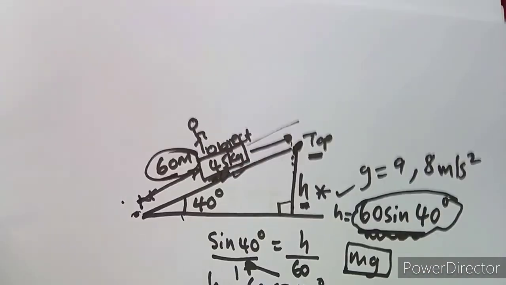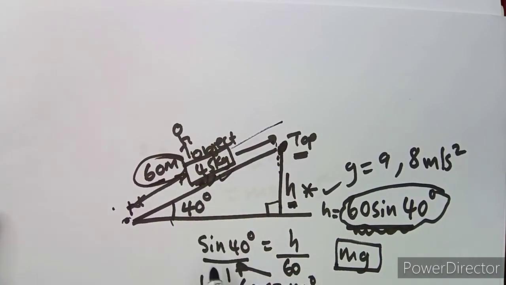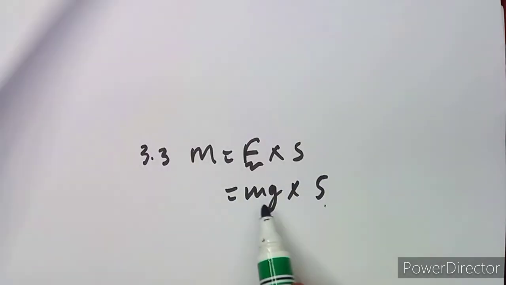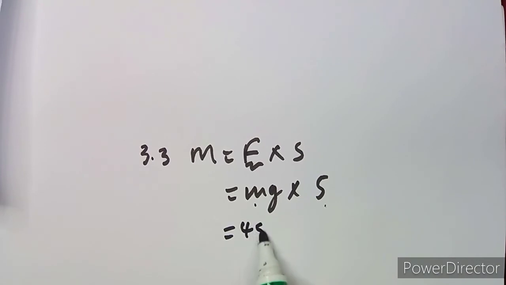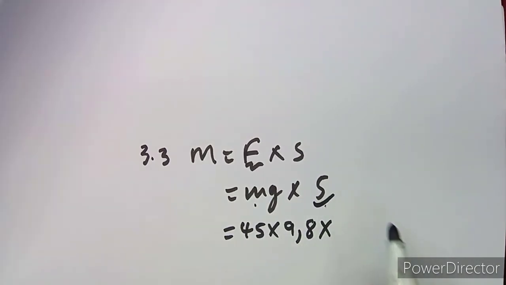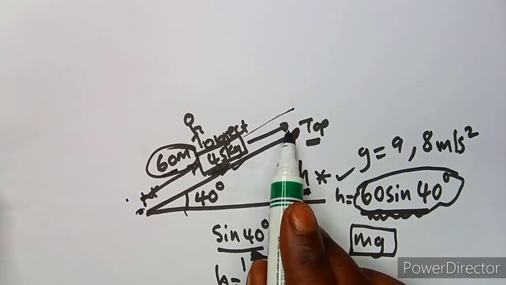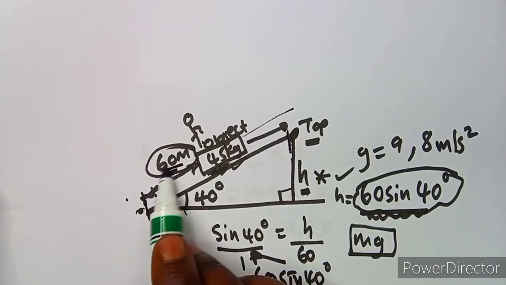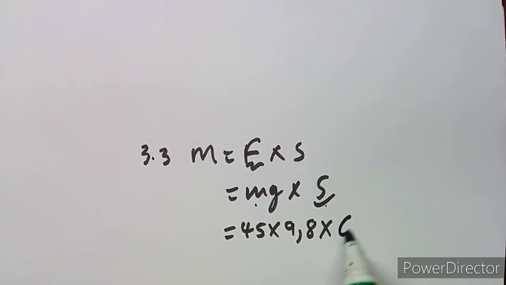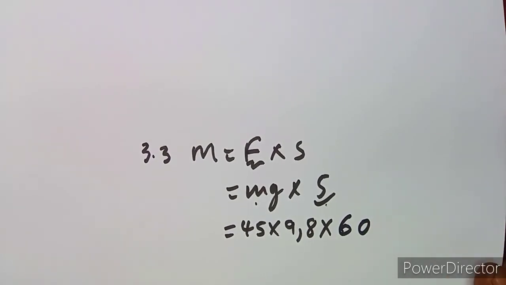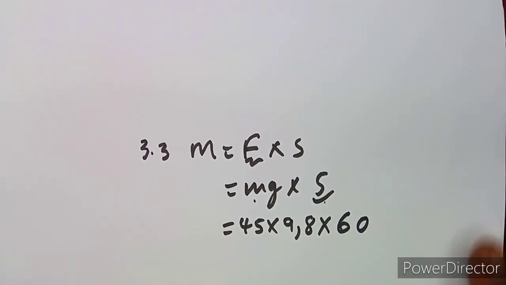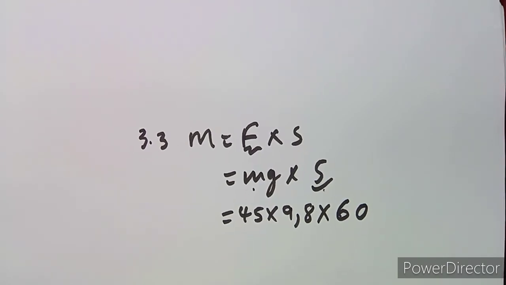Let's substitute our mass, which is 45, in place of m. So it's 45 times g, which is 9.8, times s, which is the displacement, the distance taken, which is 60 meters. If you multiply properly, this is a matter of using your calculator properly.